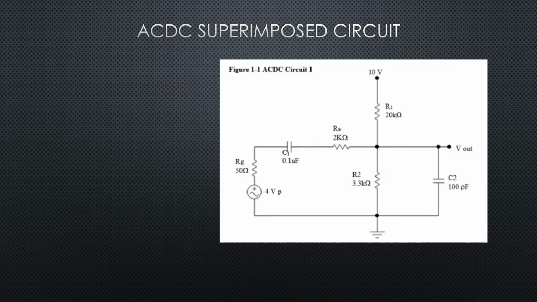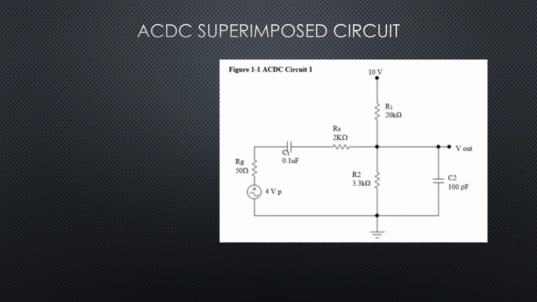All right, so the first thing we want to do in this circuit is to do our DC analysis and find out all the different DC voltages and specifically the output DC voltage. And we're going to do that by doing a redraw.